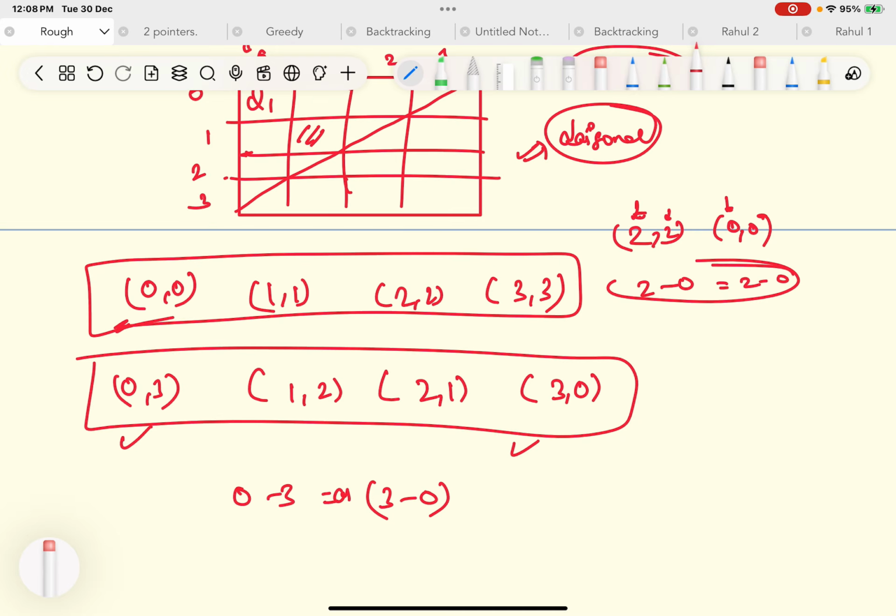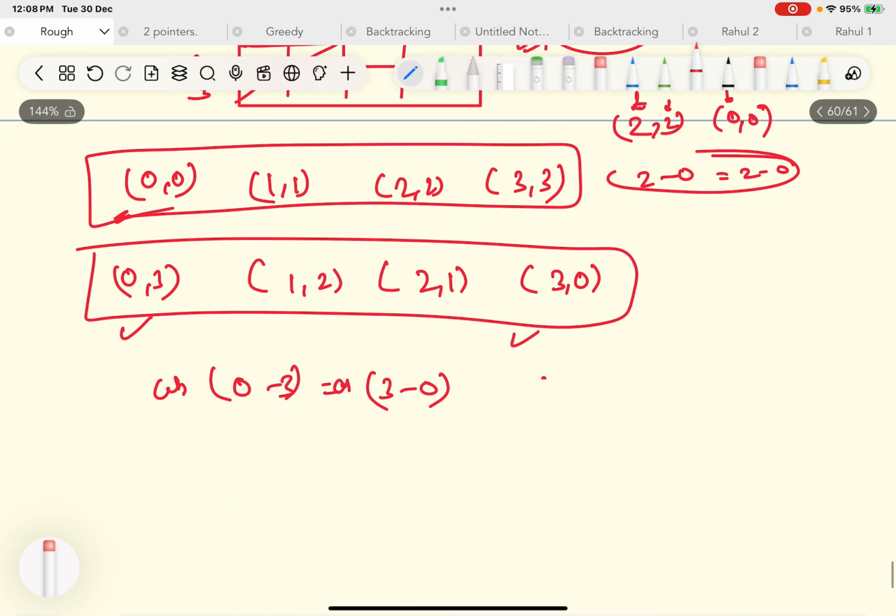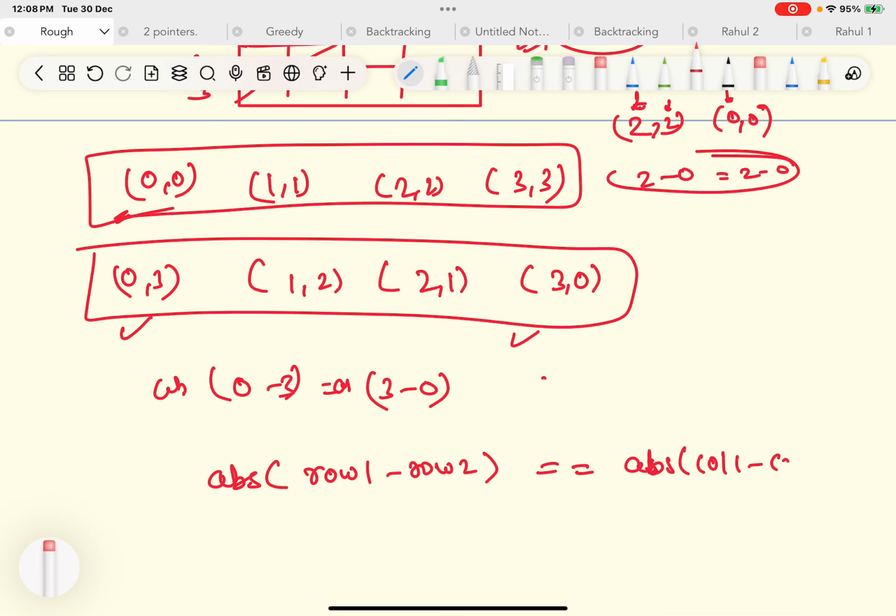If I take the absolute value, I get the mathematical expression: if the absolute value of row 1 minus row 2 is equal to the absolute value of column 1 minus column 2, then that means the queen at row 1, column 1 is in attack with row 2, column 2.